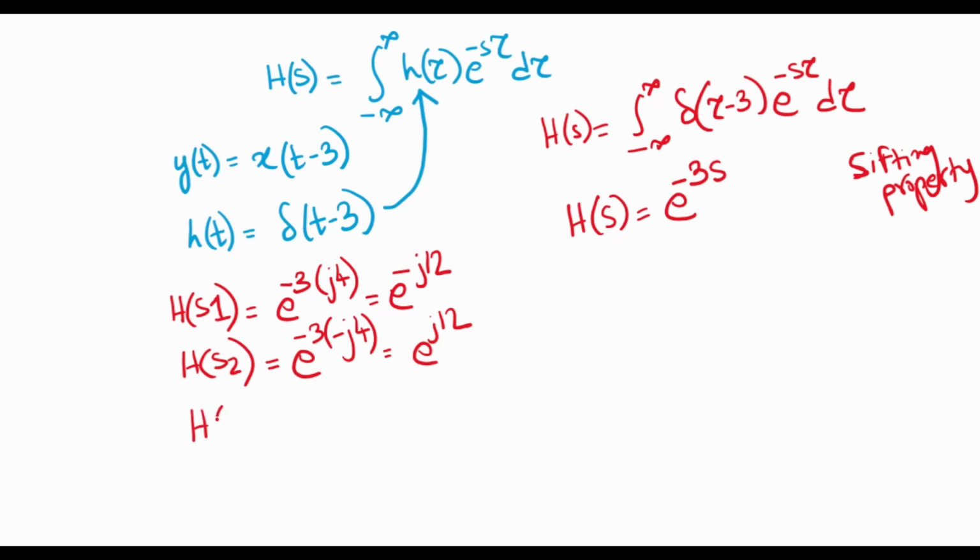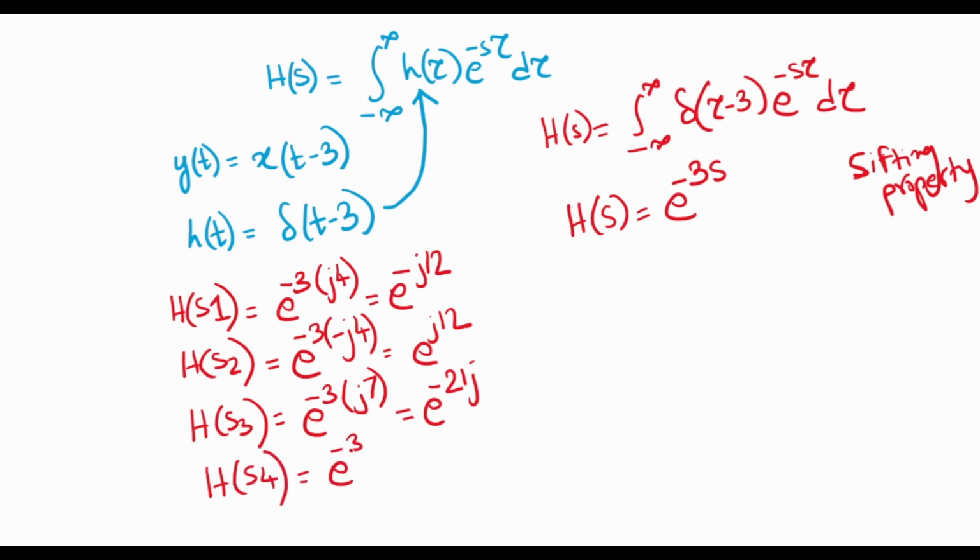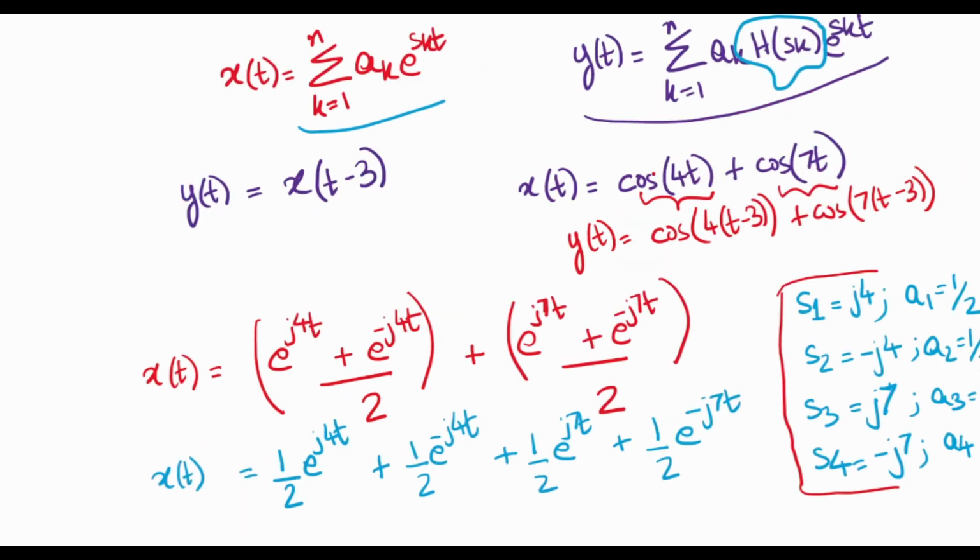Then H of s3 will be e to the power minus 3 times j7, which is equal to e to the power minus 21j. And finally H of s4, which is equal to e to the power minus 3 times minus j7, or e to the power 21j.